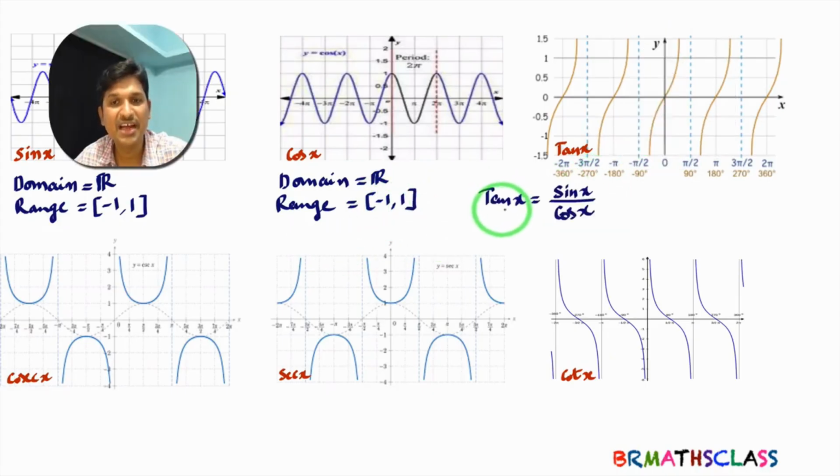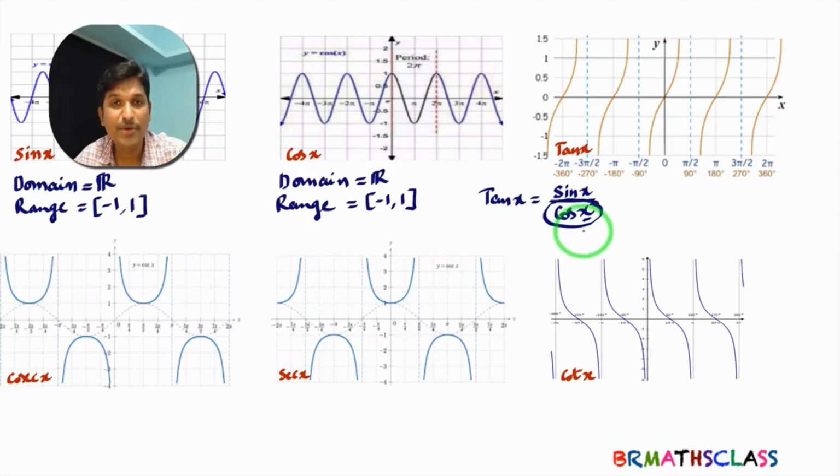Now it comes to the tan x function. Tan x can be written as sin x divided by cos x. Whenever cos x is 0, at that time tan x is not defined. Whenever x is an odd multiple of pi by 2, cos of pi by 2 is 0. When cos pi by 2 is 0, this function is not defined. Tan pi by 2 is not defined.